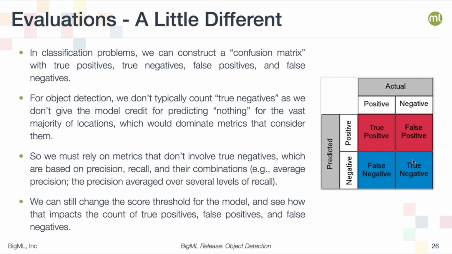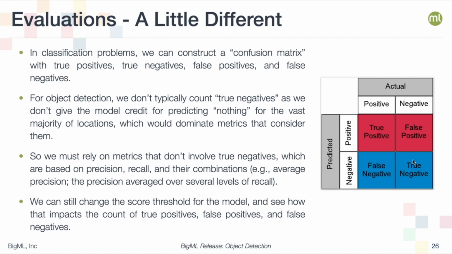This isn't really helpful, right? It's sort of like evaluating Google search results. You're not really concerned about the 7 billion web pages that aren't relevant to your query. What you wonder is if the top 10 web pages were relevant to your query. And so typically we don't rely on these metrics that involve true negatives.